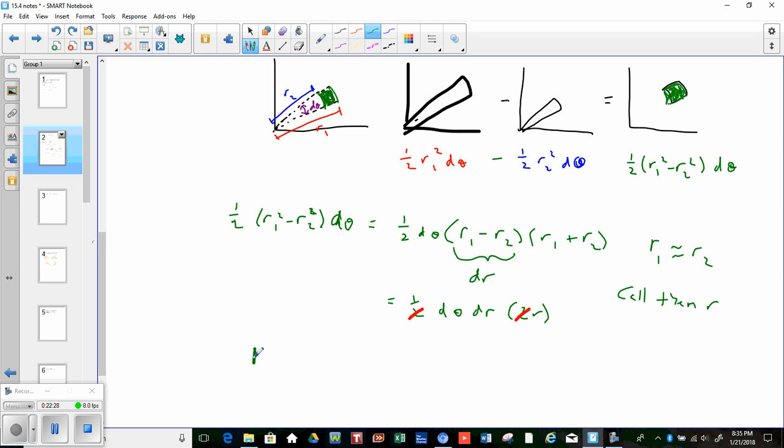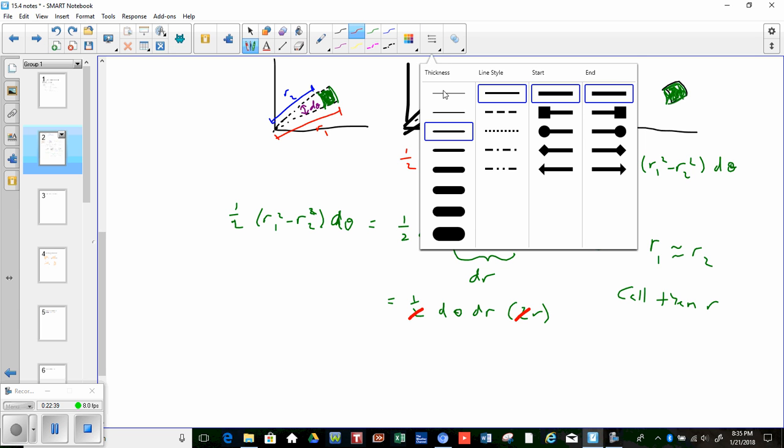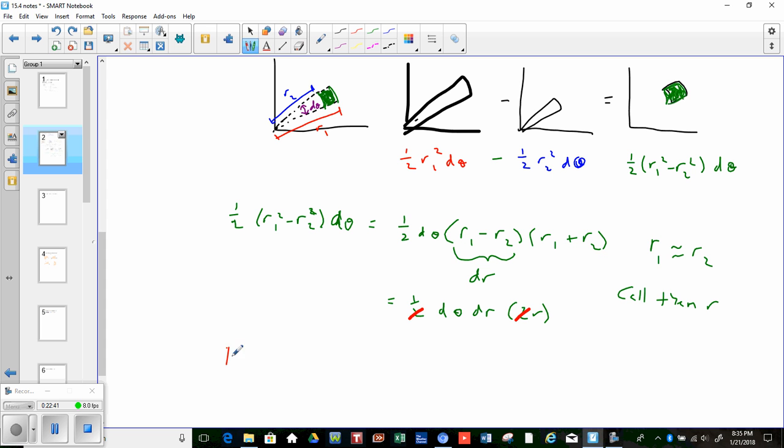And what I end up with, finally, after all this, let's go with red, is the double integral of the function of r theta. Again, that's your height.